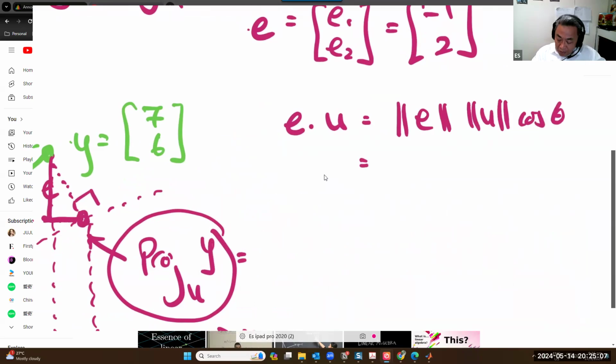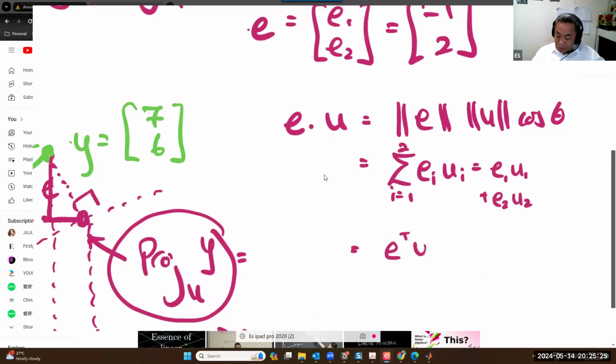The second way, summation of E_i U_i, i equals 1 to, in this case, 2, which is E1 U1 plus E2 U2. The third way is E transpose U, which is E1, E2 times U1, U2. You use three ways to calculate this.